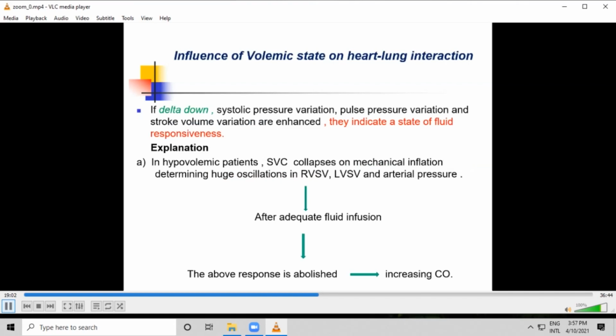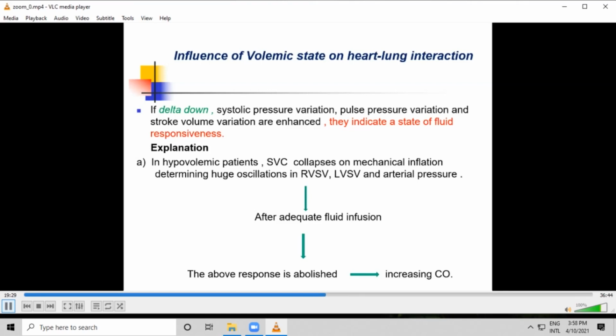If delta down, the systolic pressure variation, the pulse pressure variation and the stroke volume variation are enhanced, they indicate a state of fluid responsiveness.